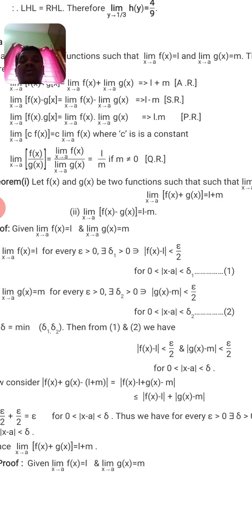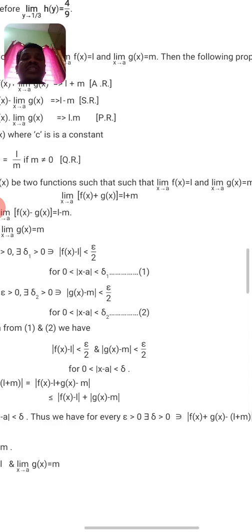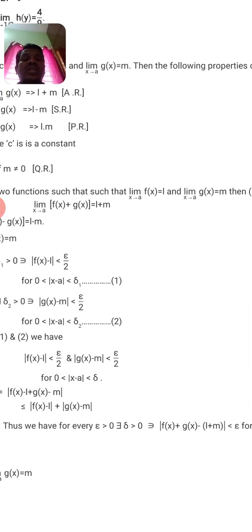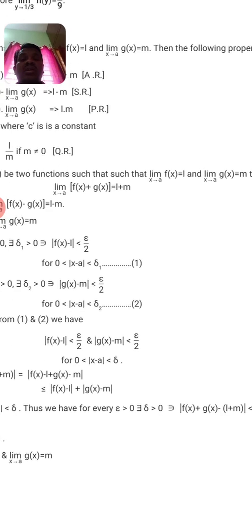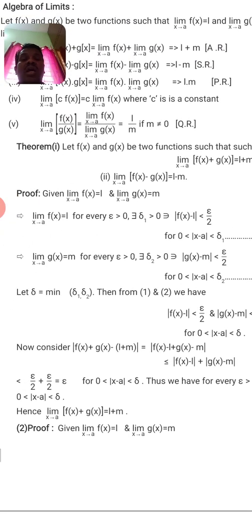In the first, let f(x) and g(x) be two functions such that the limit as x tends to a of f(x) is equal to L and the limit as x tends to a of g(x) is equal to M. Then we have to prove that the limit as x tends to a of f(x) plus g(x) is equal to L plus M. And the second one is the limit as x tends to a of f(x) minus g(x) is equal to L minus M. This property has to be proved by using the definition of the limit of a function.